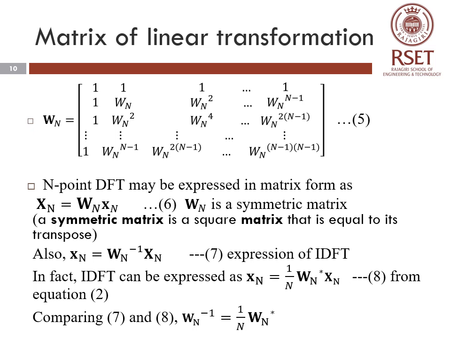Now from the previous slide, in equation 2, you can express IDFT as x of n is equal to 1 by n Wn star capital X of n. Comparing equations 7 and 8, you get Wn inverse as 1 by n into Wn star. Wn star is the conjugate, and Wn raised to minus 1 indicates the inverse.